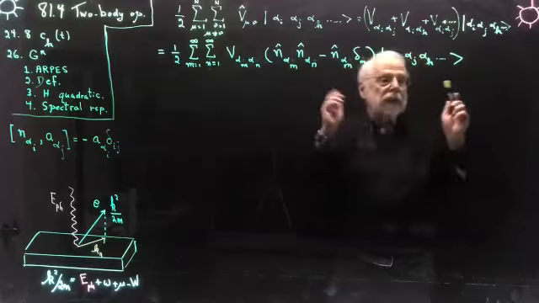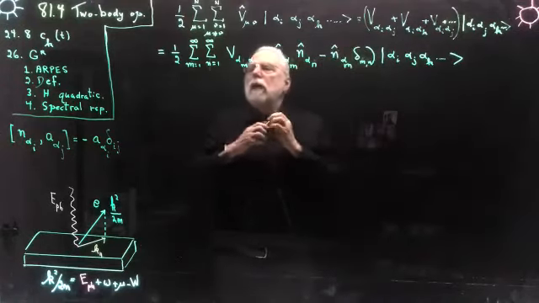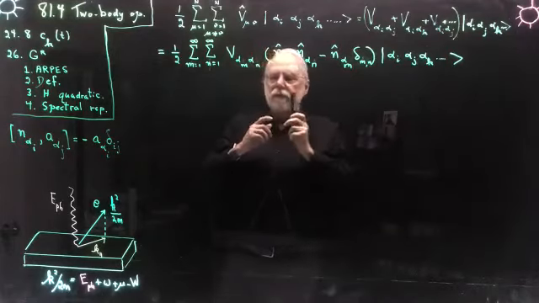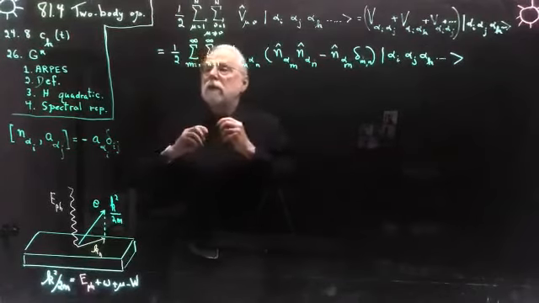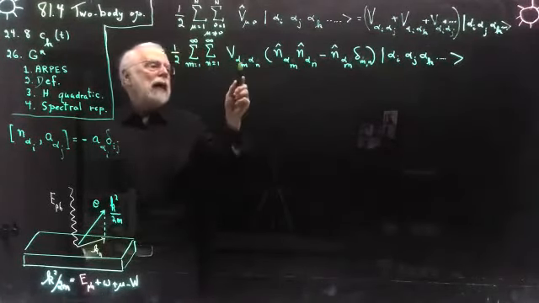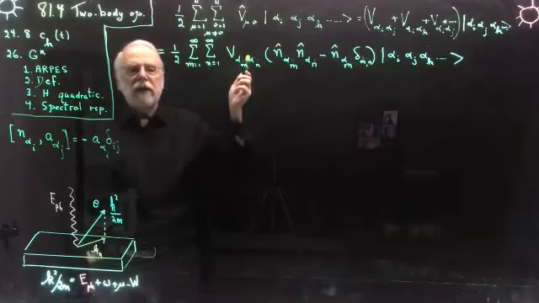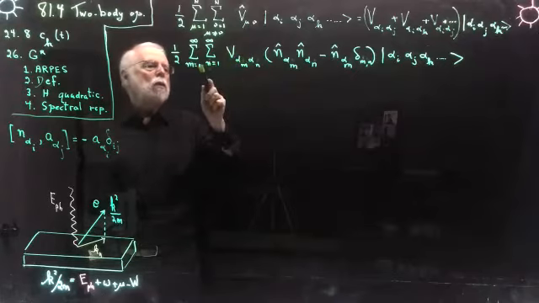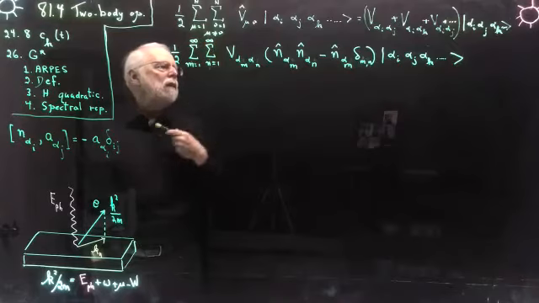So how do we write this in second quantization? In second quantization, remember we have a way to do things that are independent of the number of particles. So now the eigenstates are labeled by m, and I assume that there's an infinite number of them. So m goes from 1 to infinity, n goes from 1 to infinity.